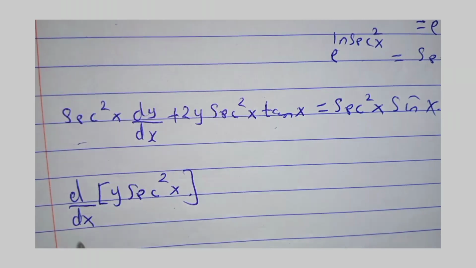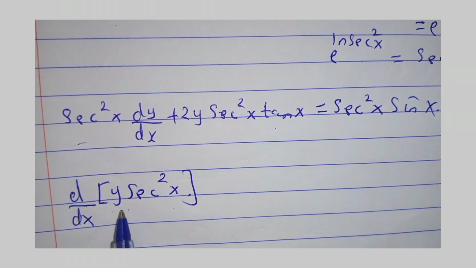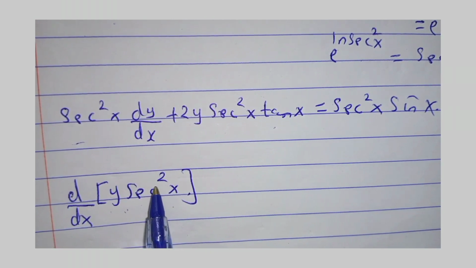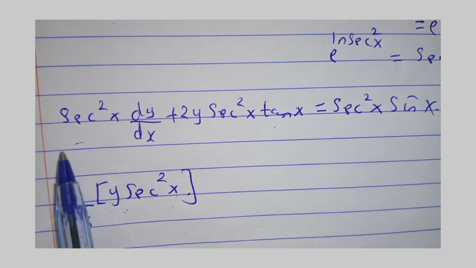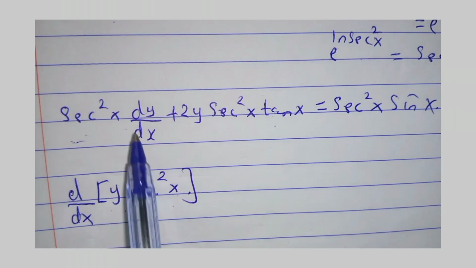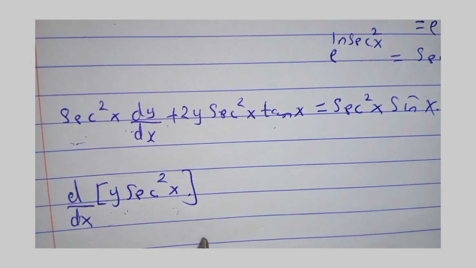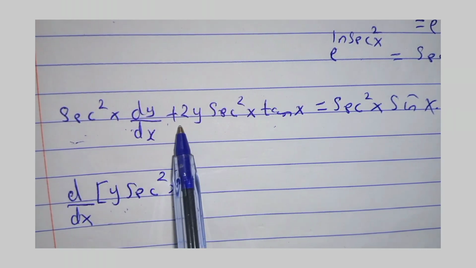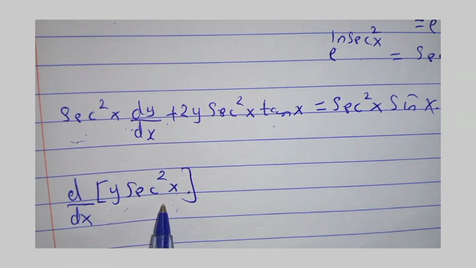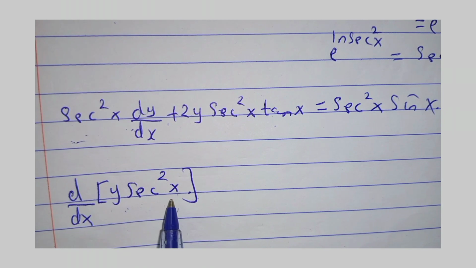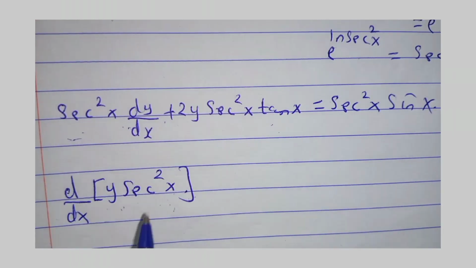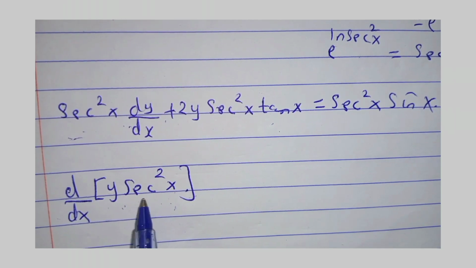All this is the same as this, because when you differentiate by the product rule, with sec squared of x constant, you get sec squared of x dy/dx, plus, with y constant, by the power rule, you get sec squared x tan(x).